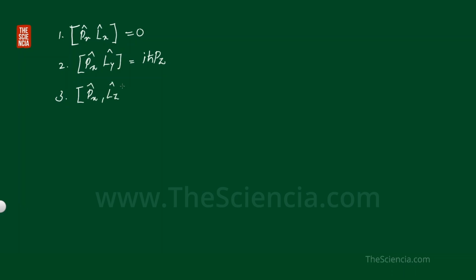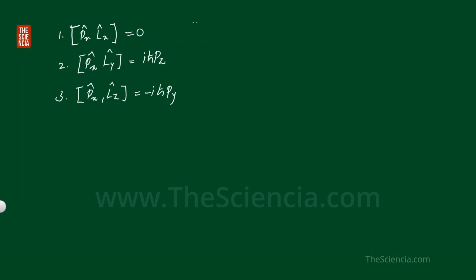Now we can summarize all those values. The first combination is the commutator of Px with Lx, and we got this is equal to 0. The second combination is Px with Ly, and we got this is equal to I h cross Pz. The third combination is Px cap with Lz cap, and we got this is equal to minus I h cross Py.